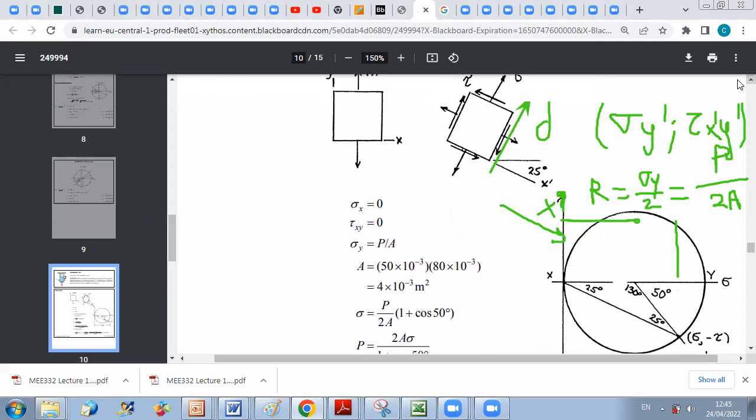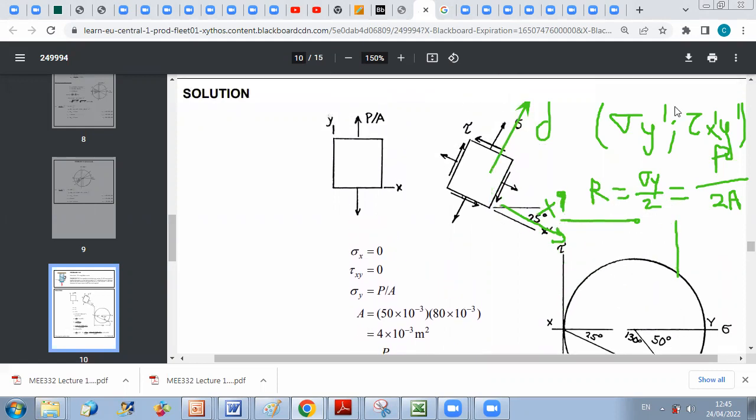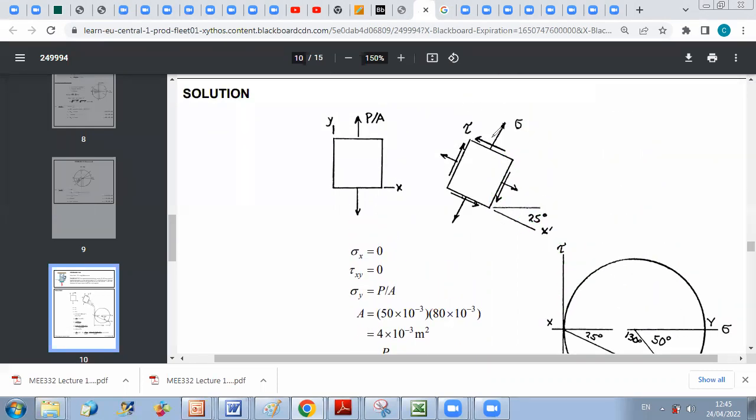So if you represent it on this face, it should be negative. You know how to do this on a face of normal parallel to y prime: because tau x prime y prime is negative, it should be oriented along negative x prime. This is why they presented tau along this direction. They called it tau as an absolute value, but it is already in the negative direction.